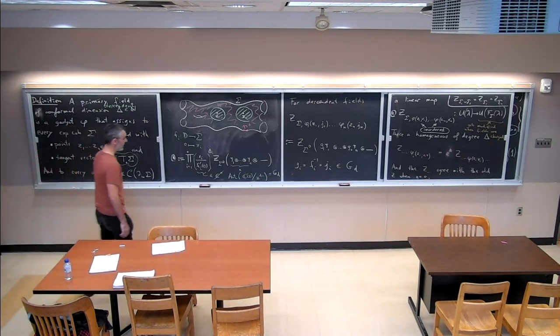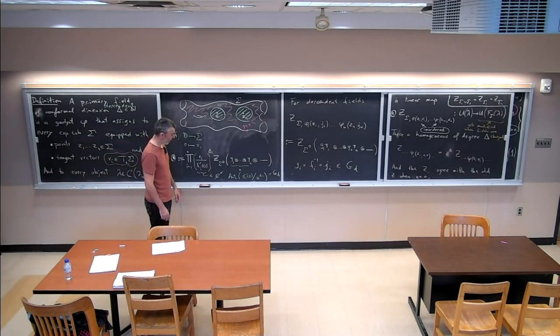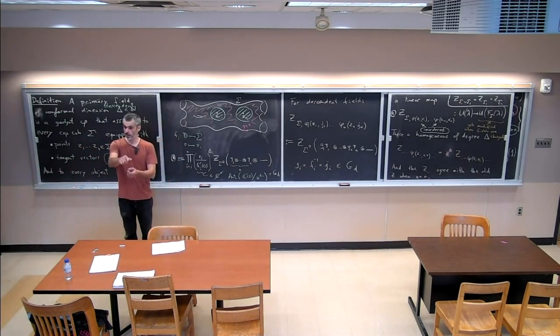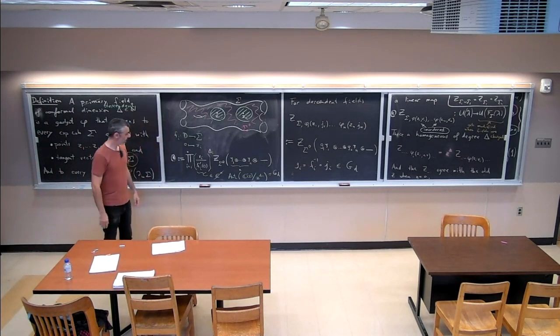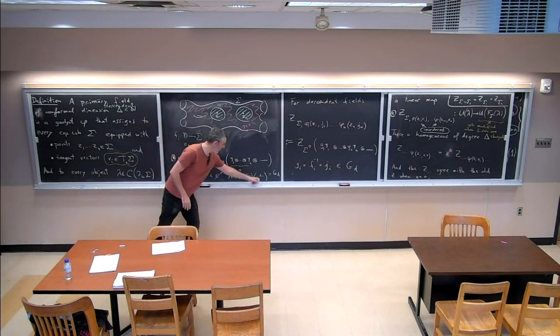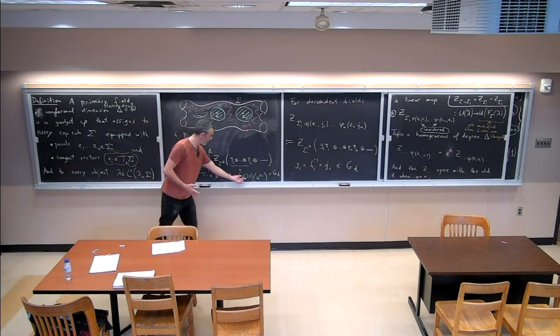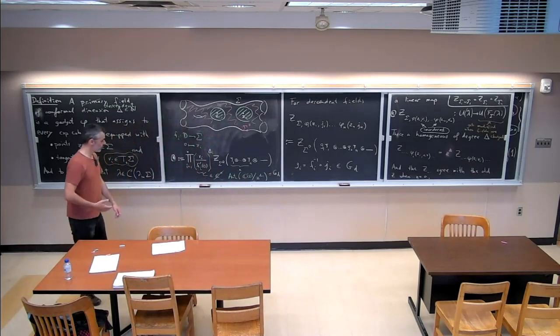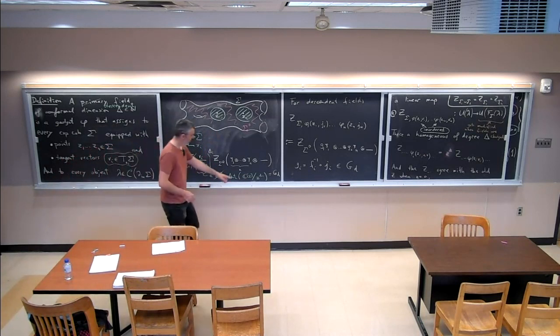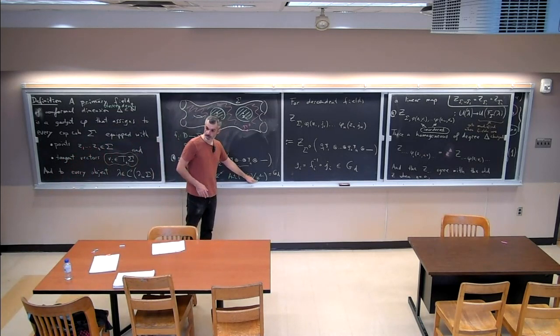Yeah, so if I take D equals 1, I have a 1-jet, which is just a non-zero vector. And then I have the group of automorphisms of C[z] modulo z to the 1, i.e. just automorphisms of the algebra C[z] modulo z squared.